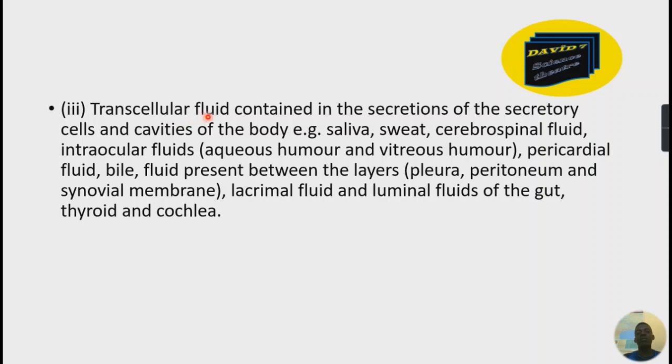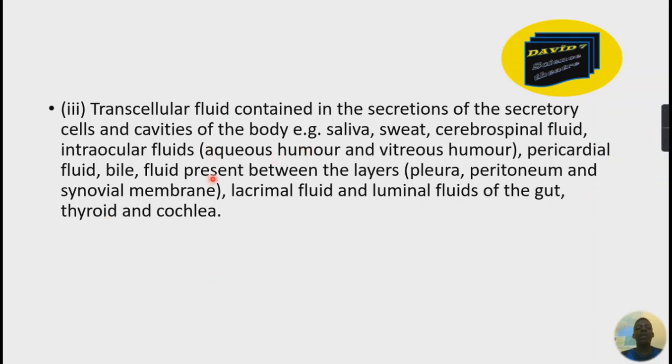Three, we have transcellular fluid, which is contained in the secretions of secretory glands or secretory cells and cavities of the body. For example, transcellular fluid means saliva, sweat, cerebrospinal fluid, intraocular fluids, that is aqueous humor and vitreous humor, pericardial fluid, bile, fluid present between the layers of pleura, peritoneum, and synovial membrane, lacrimal fluid and luminal fluids of the gut, thyroid, and cochlea.